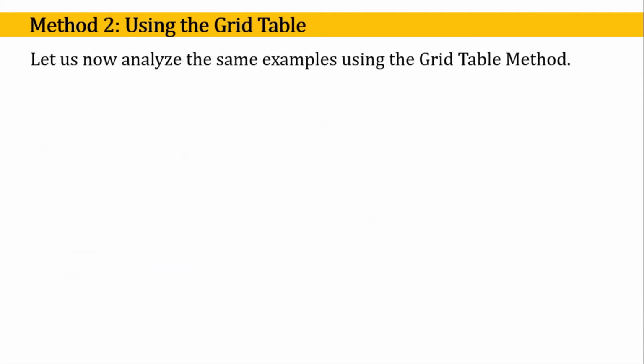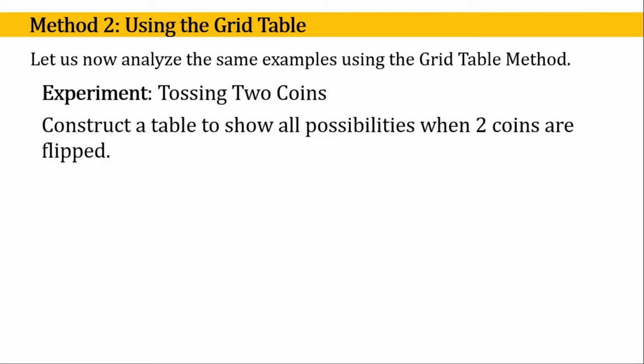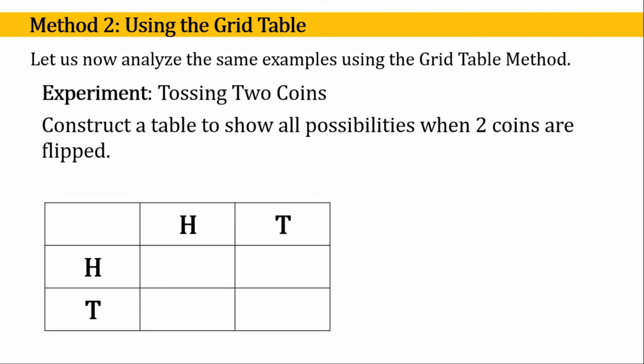Now let us analyze the same example using the grid table. So this is method 2, a grid table. Tossing two coins, in order for us to illustrate this using a grid table, we just need to create a grid wherein on the column heading we will be writing all the possible outcomes for the first coin.